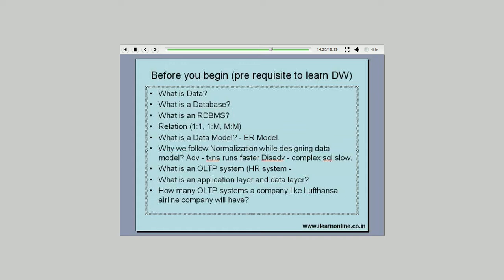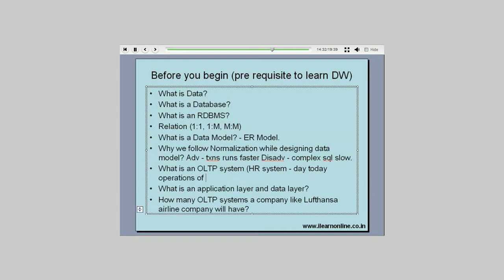It takes care of day-to-day operations of HR resources or HR employees, like processing the payroll. That's one of the things. And if there are any questions raised by the employees of a company, HR takes care of it. The training requirements are taken care of by HR.